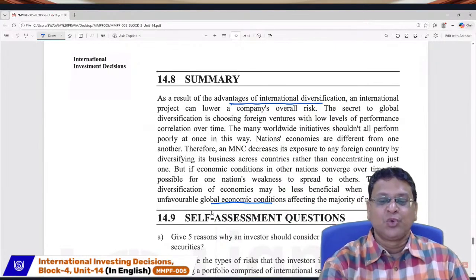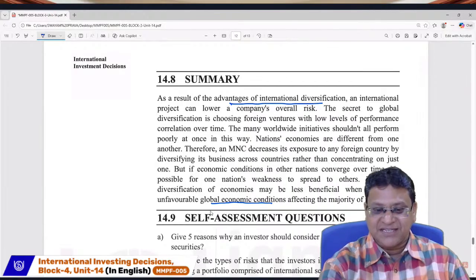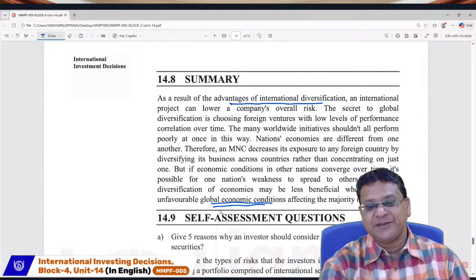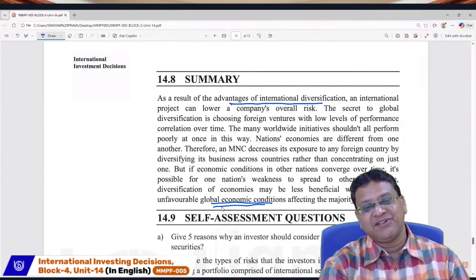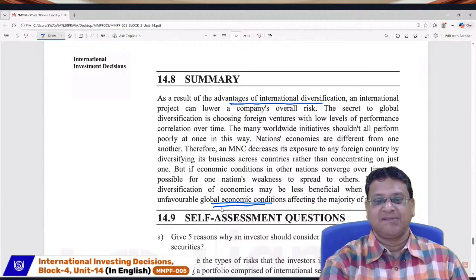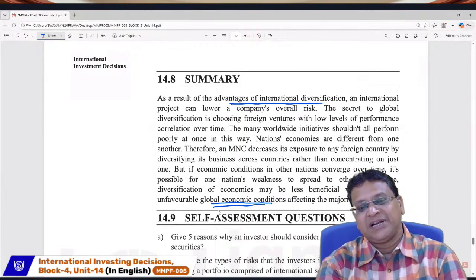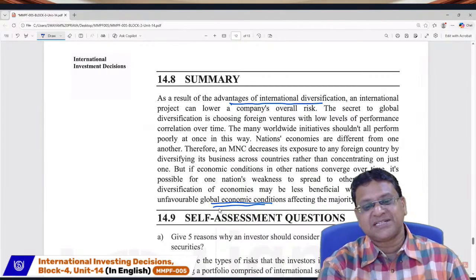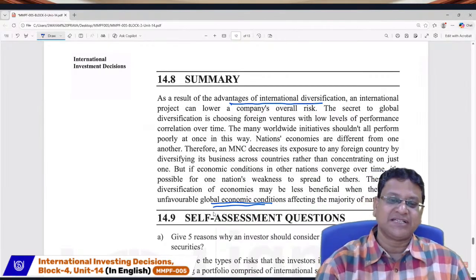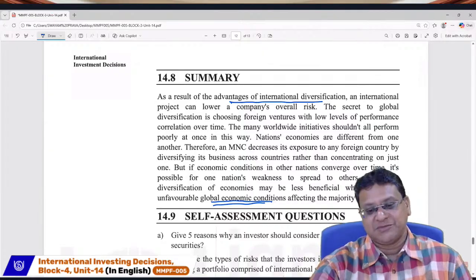So if there is a global financial crisis, a global interest rate crisis, or a global war, then in that case, international investment cannot reduce the risk. Hence, before diversification, you have to know the merits and demerits of international portfolio investments.